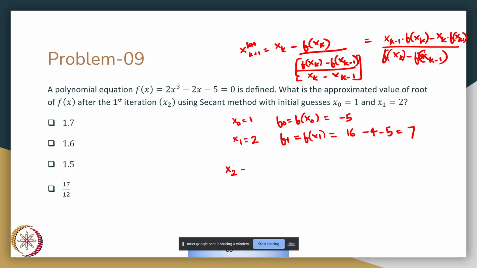Therefore, our x2 should be equal to 1 into 7 minus 2 into minus 5 upon 7 minus minus 5. So 7 plus 10 is 17 by 12, which is option D.